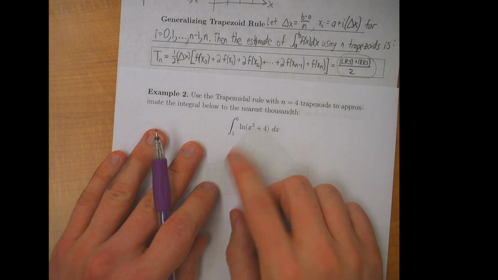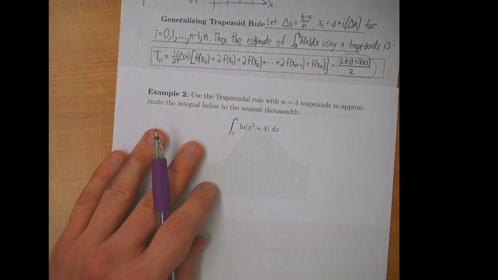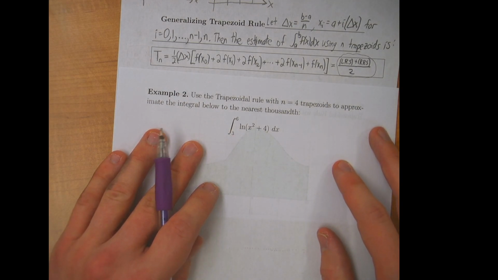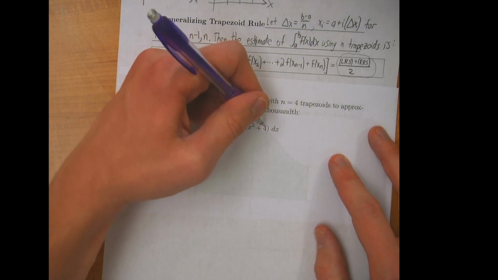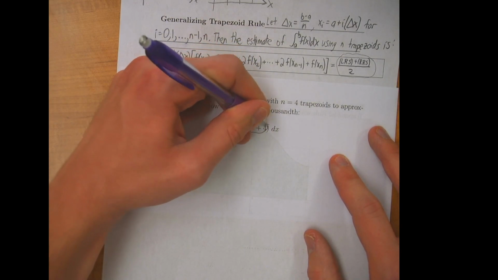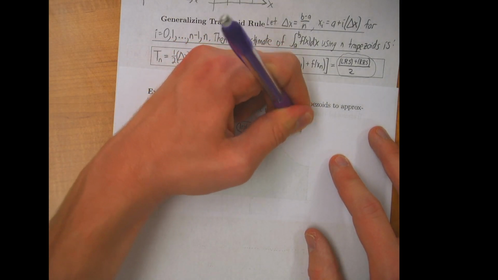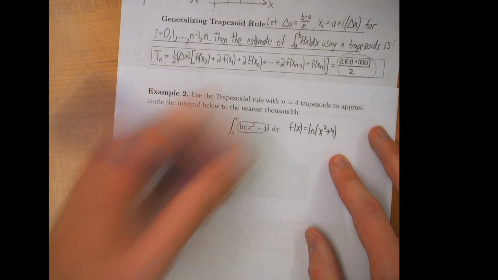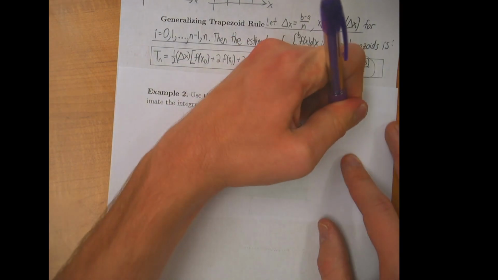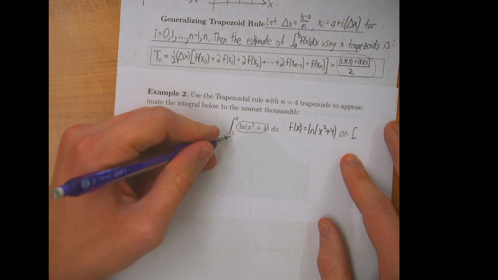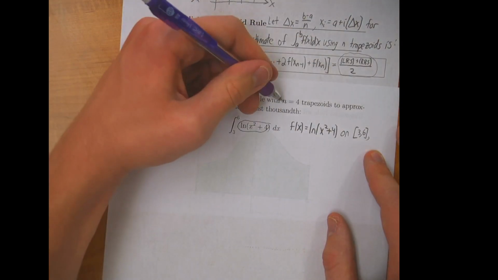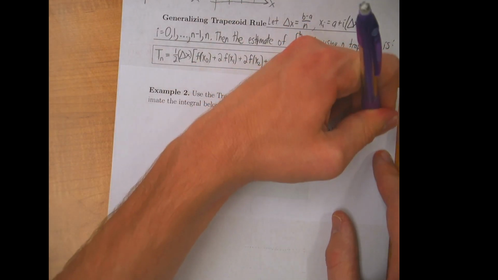Our integral is going from 3 to 6 of the natural log of x squared plus 4 dx. So f of x equals natural log of x squared plus 4. Our interval is 3 to 6, and as the problem states, n equals 4.